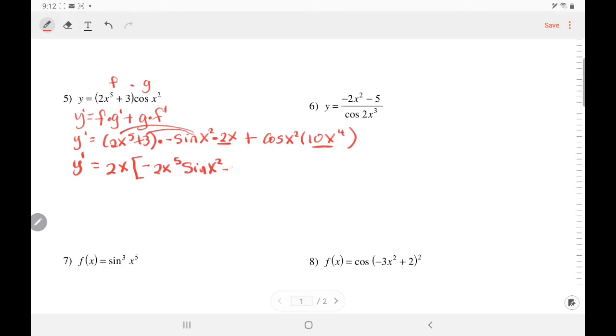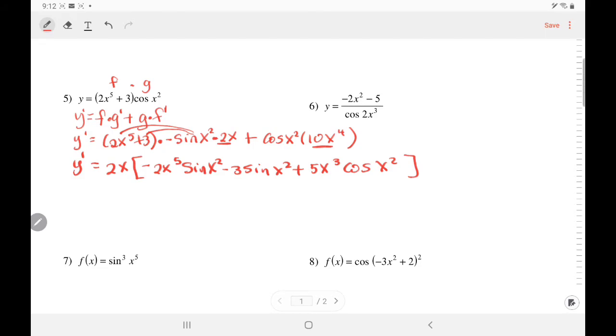So minus 3 sine x squared. So I'm done with that first term. And the second term, since I factored out 2x from 10x to the 4th, I still have 5x cubed cosine x squared. That was a long one.